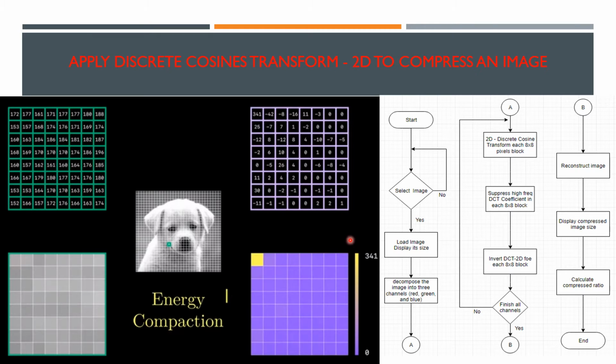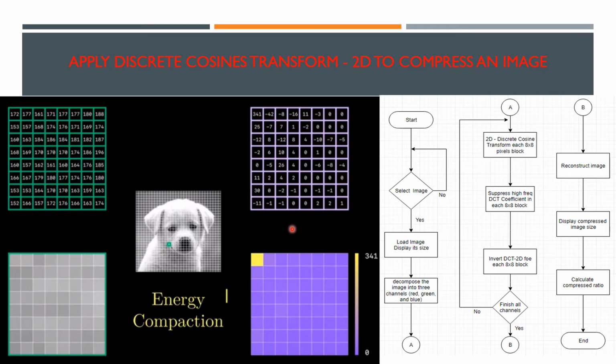We can see that when we plot the coefficient matrix as power: the yellow indicates higher power than the purple.